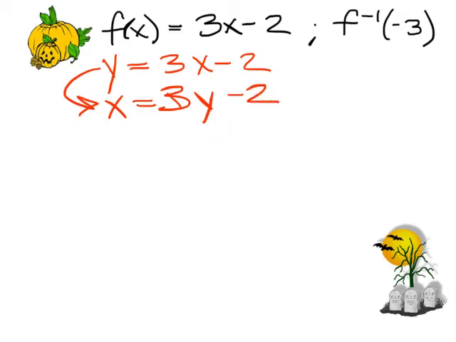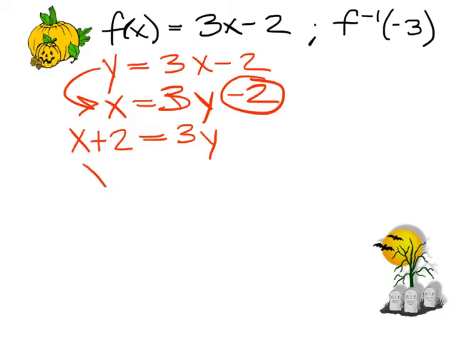And then solve for y, which means you need to get rid of this by moving it to the left and making it plus, and then get rid of the 3 by doing the opposite, which is dividing by 3. Whoops, that's a 2. And divide by 3. Now you have y by itself.